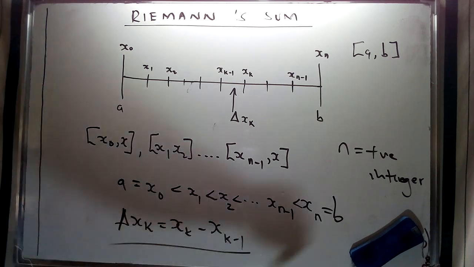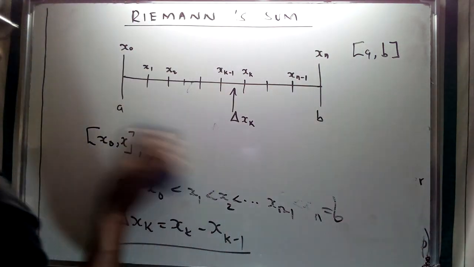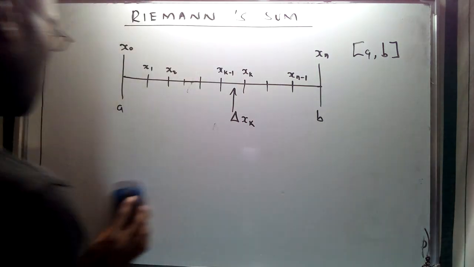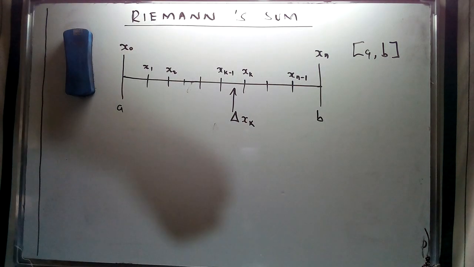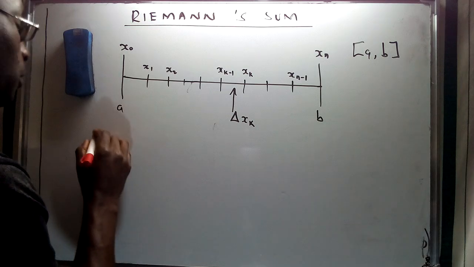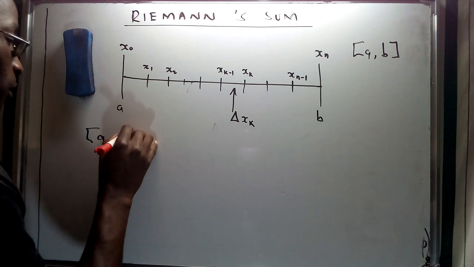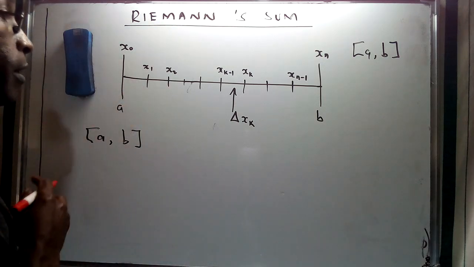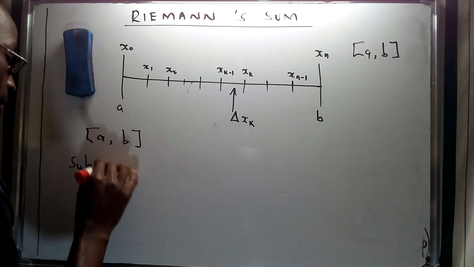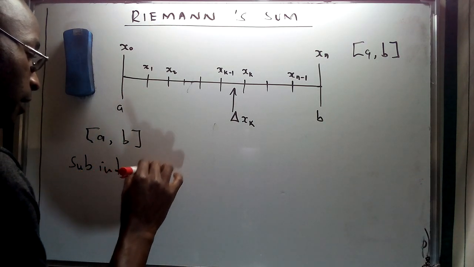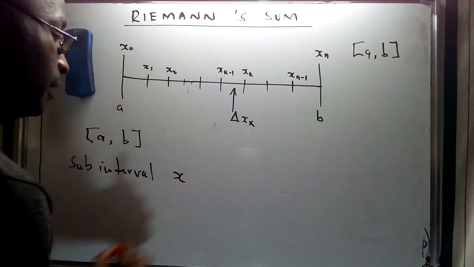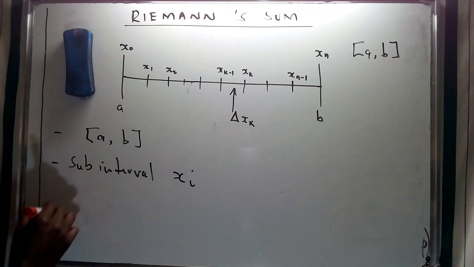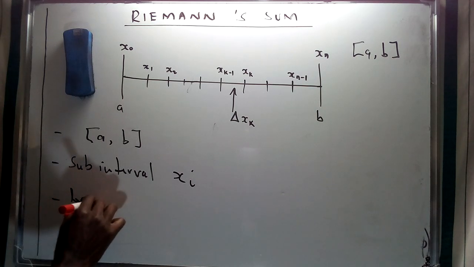But before we look at that, I'm going to look at a specific aspect that is going to help us figure out what this specific Riemann sum entails. So in summary, I've said that we have a closed interval ranging between a and b, and this is going to be given in the form of sub-intervals in terms of x, and we can find the length of each sub-interval by finding the difference.